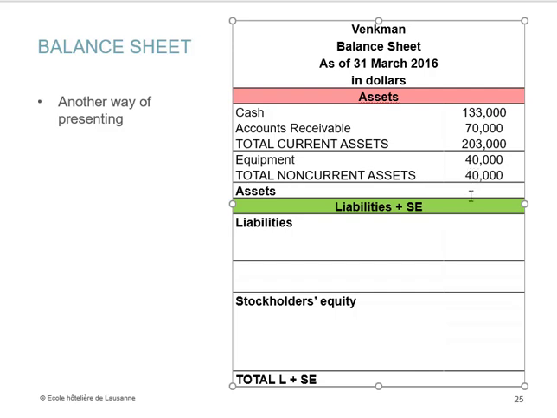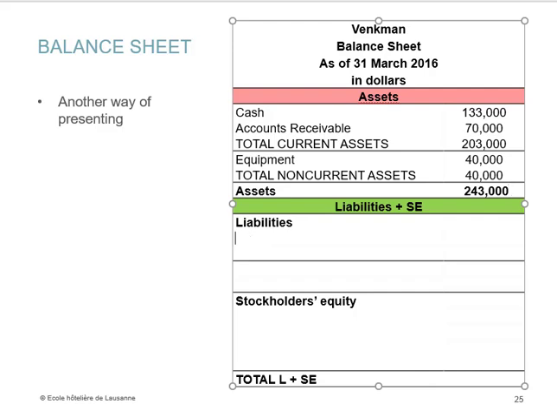And now we need to calculate the total assets that we have. So it's current assets plus non-current assets. It gives us 243,000. So here we filled in our asset section.